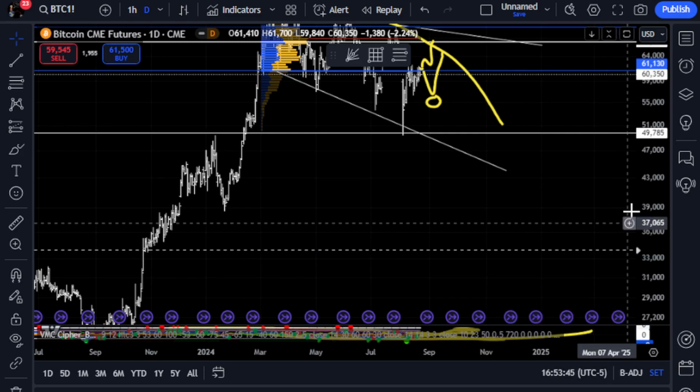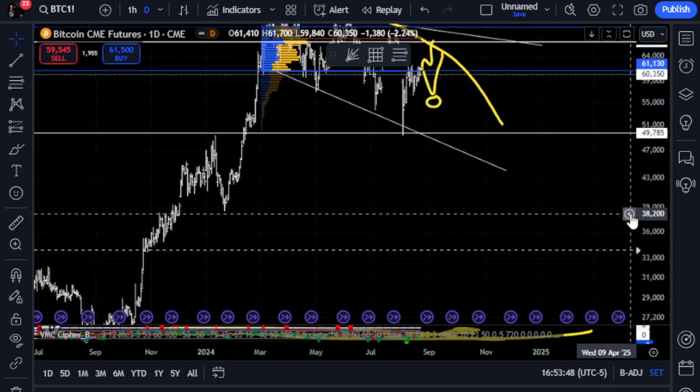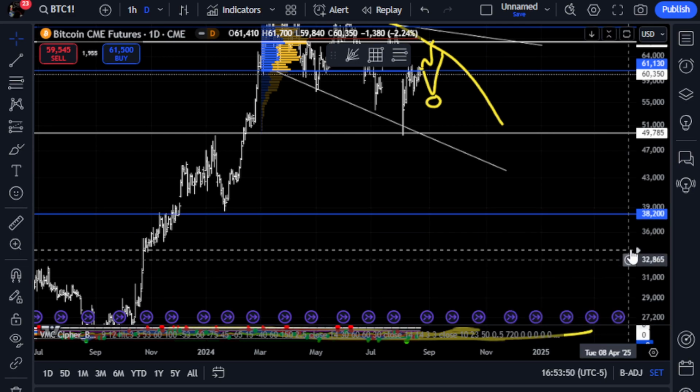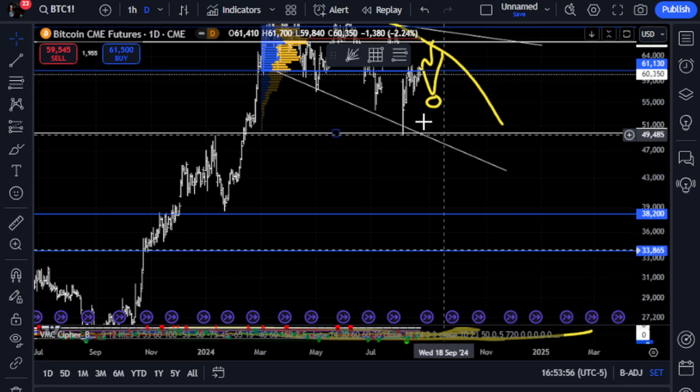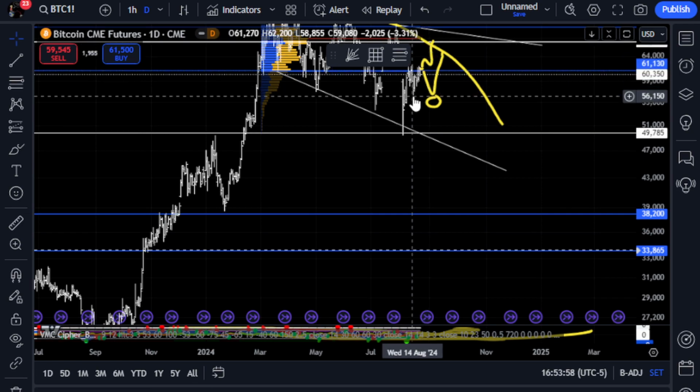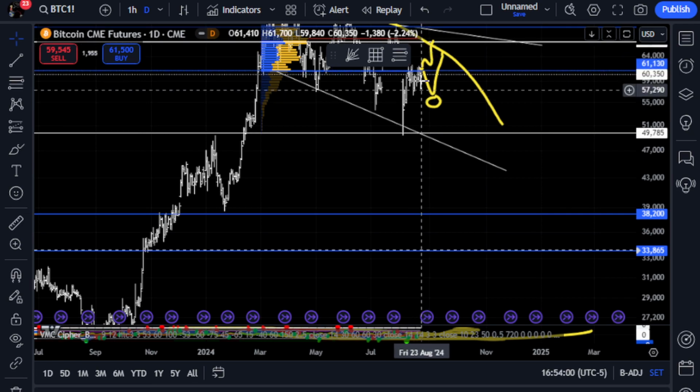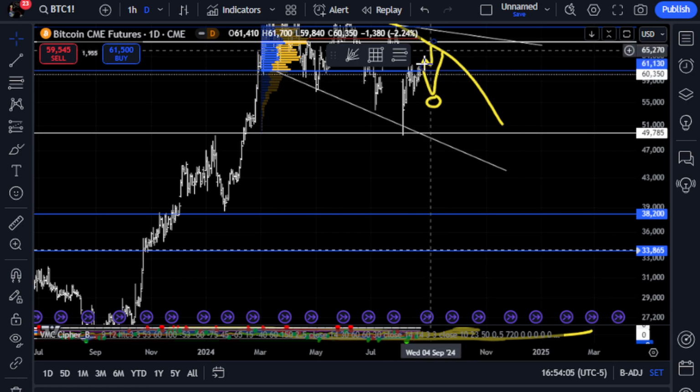Oh, I made an alert again. Here's our levels. Our local daily and 3-day momentum that's rotating to the upside could bring us right up here.